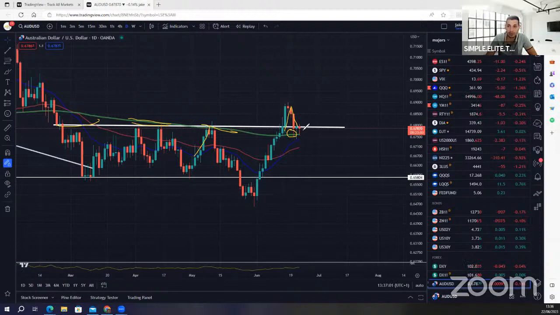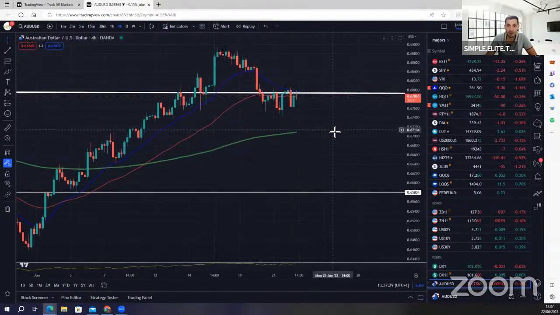I would like to see if price gets above 68 to be a buyer of the Aussie dollar, because as you can see, the structure looks nice, it starts to build an uptrend. Price action as well is very bullish. We had this low test bar yesterday. Today is forming another low test bar. Let's see if it's going to develop today.